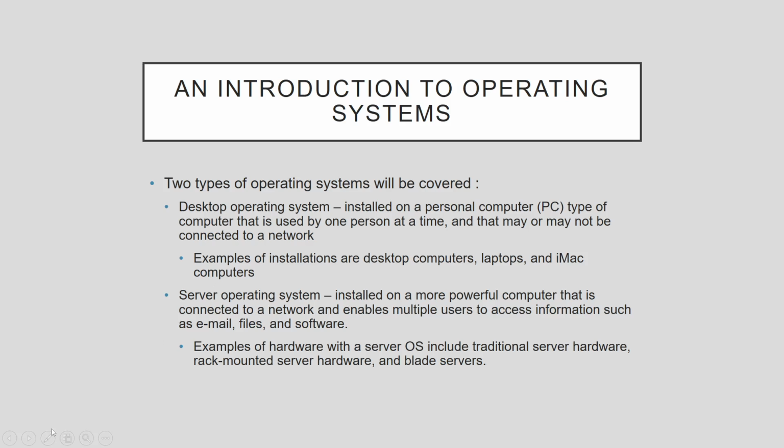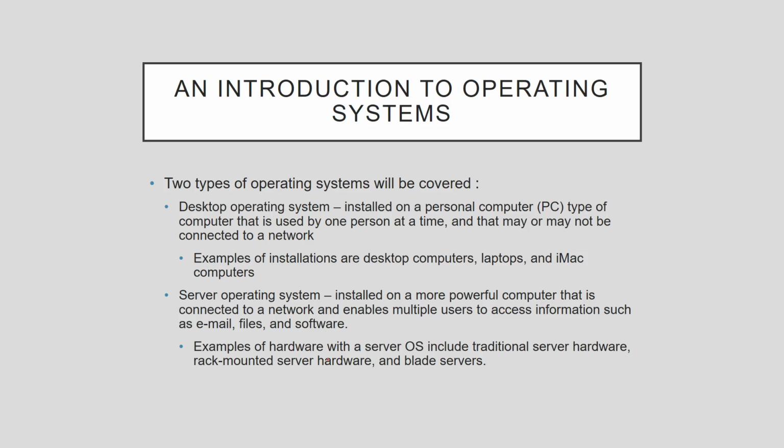Now, the server operating system is usually installed on a more powerful computer that typically has a wired connection to a network and can act in many roles to enable multiple users to access information such as email, files, and software.